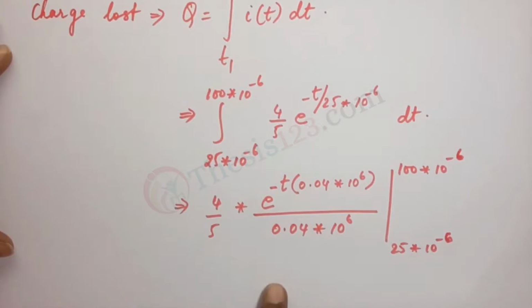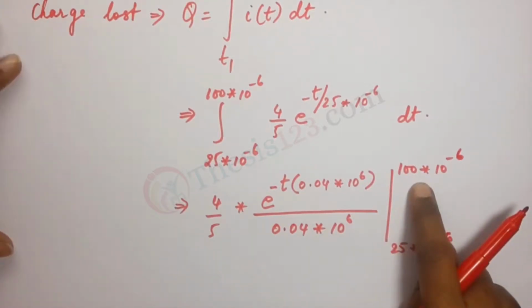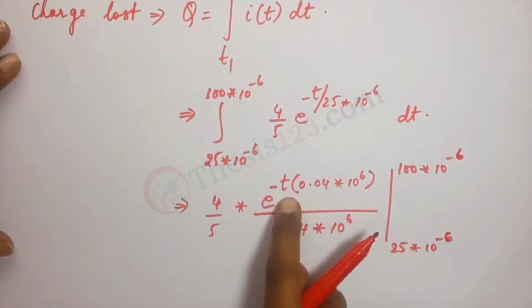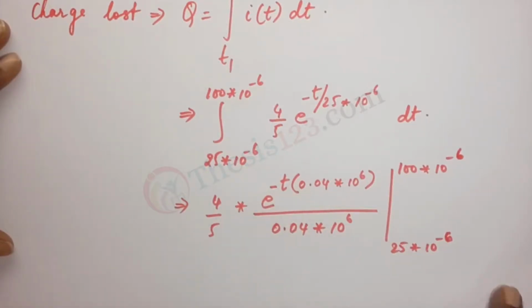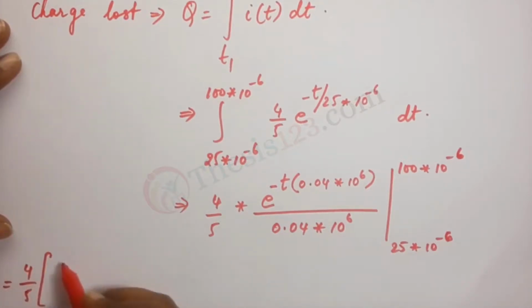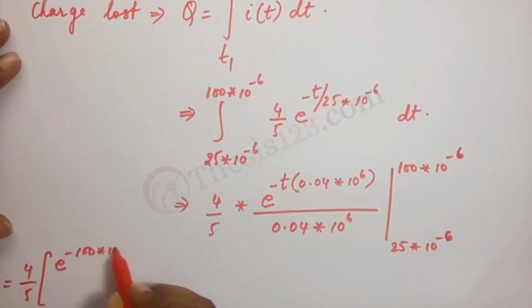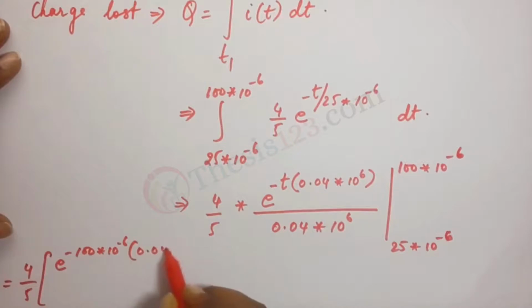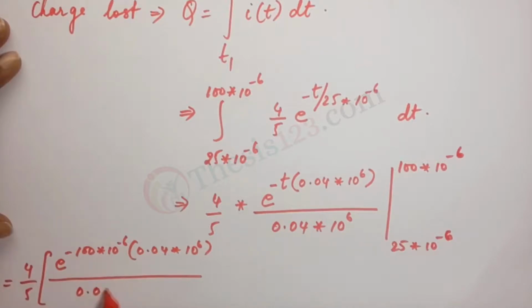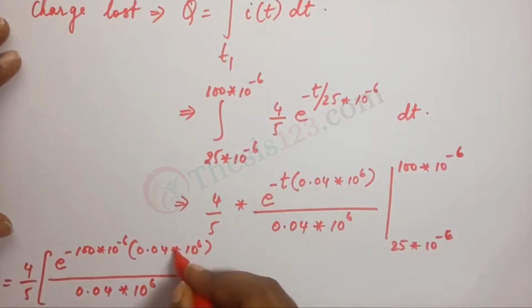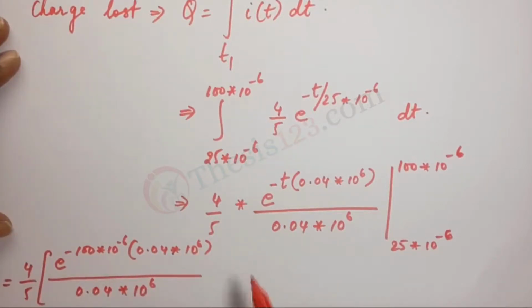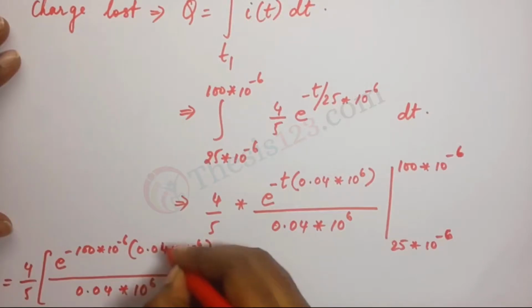Now we have this expression after we have integrated. Once we have done this, let's substitute the upper limit and the lower limit. In terms of t, you will have 4 by 5 into e to the power of minus 100 into 10 power minus 6 times 0.04 into 10 power 6, divided by 0.04 into 10 power 6. I hope you're able to follow what I'm writing here. It might seem a teeny bit small, that's why I'm reading it out so that you can follow.